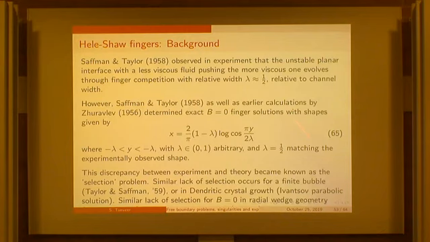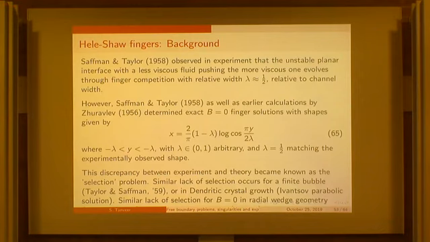However, if you actually look at the exact solutions that Saffman and Taylor have in their paper, and by the way, that turned out to be the same solution as Zhuravlev in the former Soviet Union had, so this should really be called the ZST solution, right?